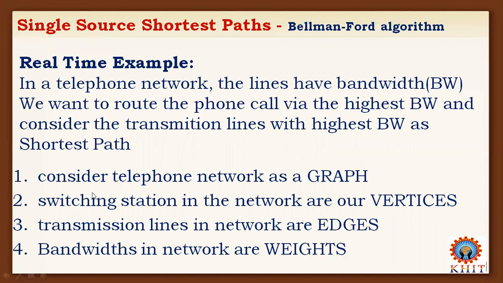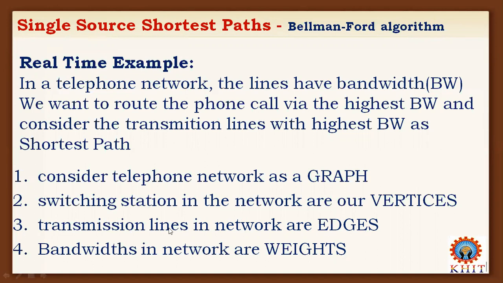Why? Because if you consider the graph, the telephone network is to be considered as a graph. In the telephone network, the switch stations we can consider as vertices, and the transmission lines to be connected to the network are the edges, which connect two switching stations.